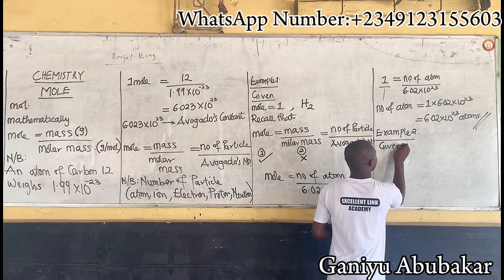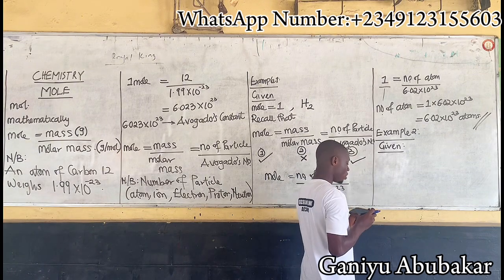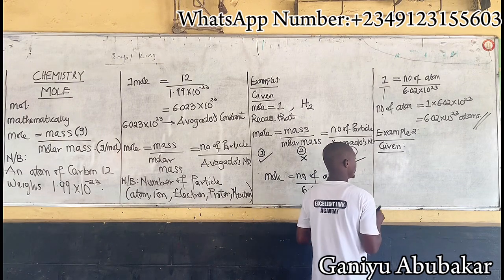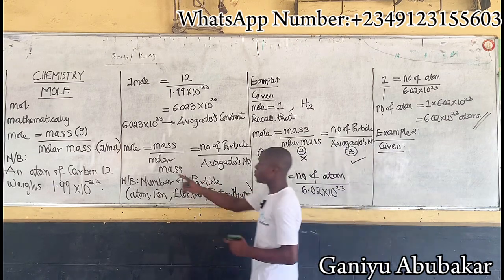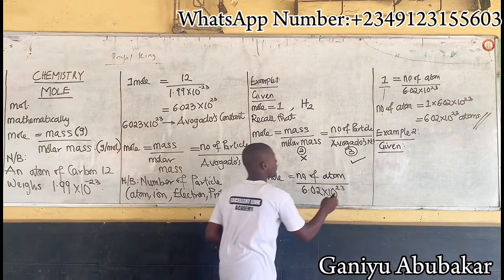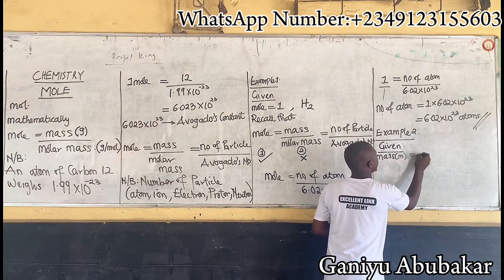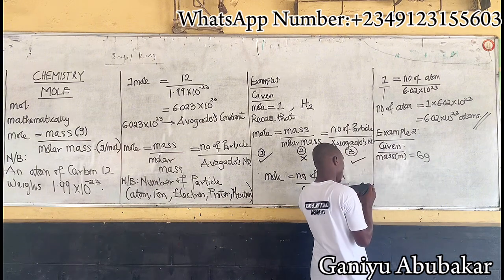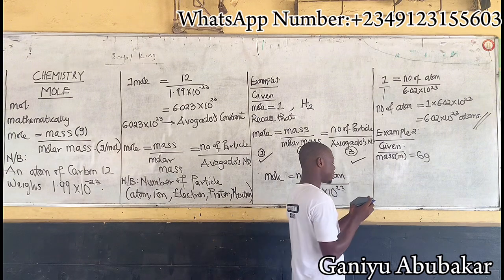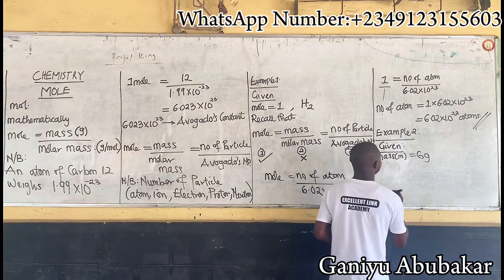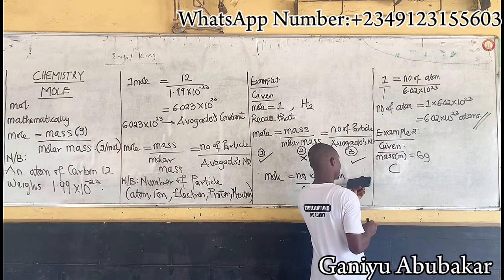What are you given in the question? It says 6 grams, and 6 grams is mass, because mass is measured in gram. So I'm given mass, M as 6 grams. The element given is carbon, right?